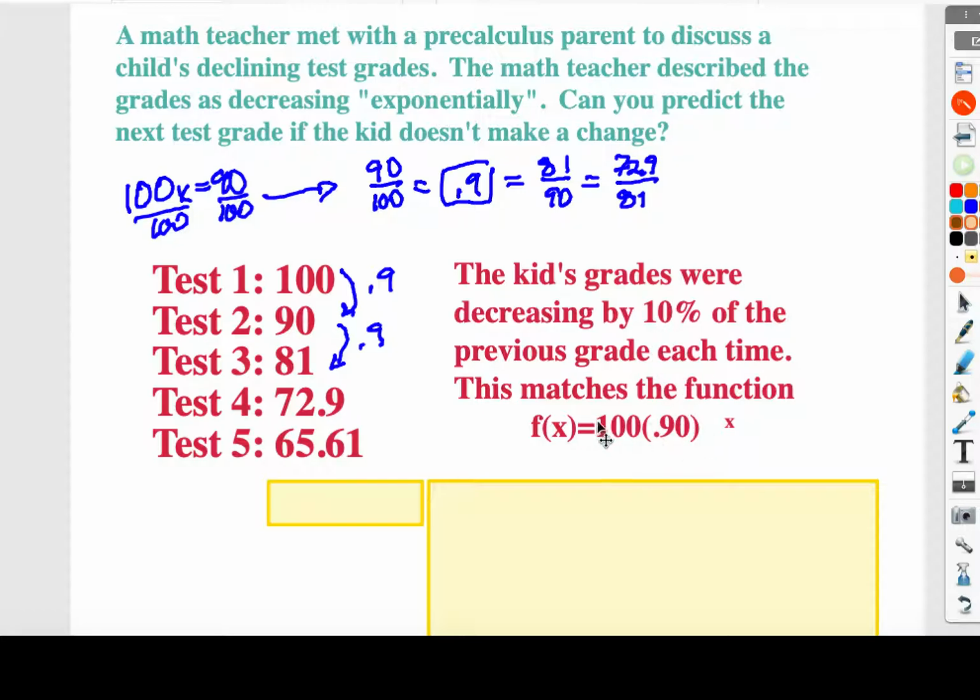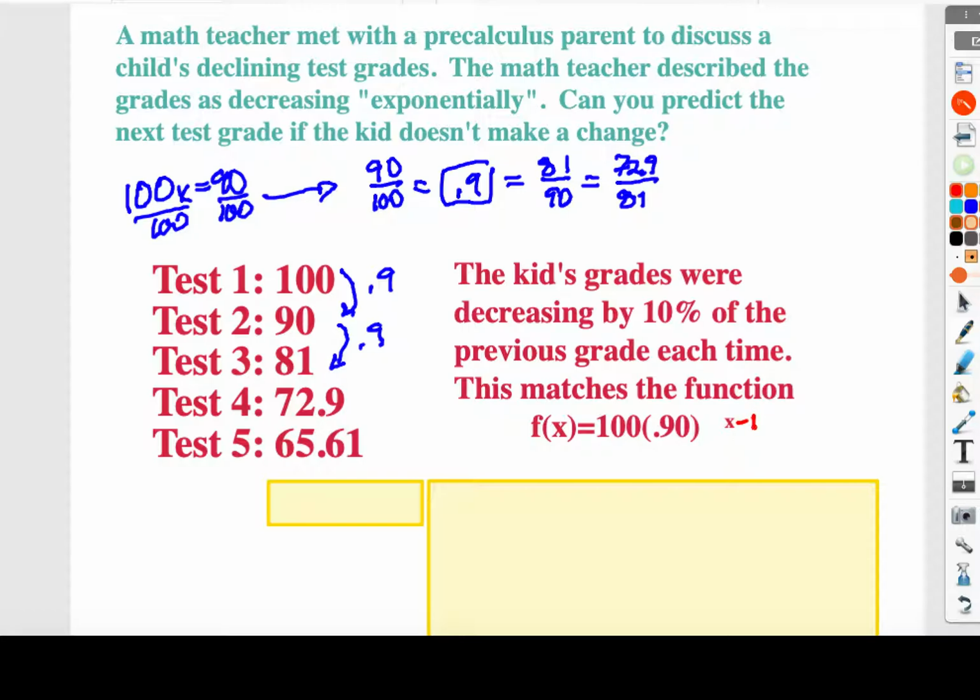So the idea of our exponential function is we're going to take our initial value, our 100, and multiply it by 0.9, however many times it takes to get from test 1 to 2 to 3 to 4. If x were the number of the test, although we'd have to be a little bit careful here because we said that that was test 1, not test 0.